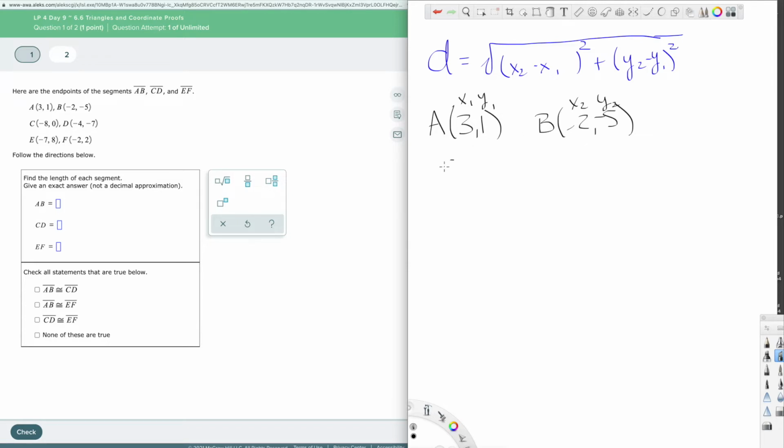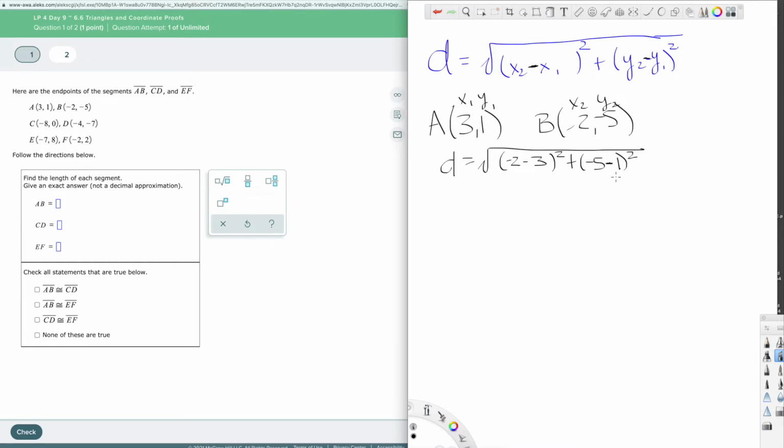So we have the distance equals, so we're going to go x2, which is -2, minus, remember there's a minus in here, so it's minus x1, and then that's squared. Plus y2 minus y1 squared.